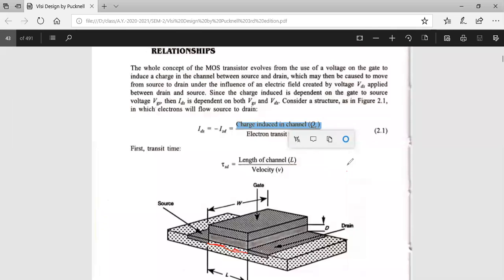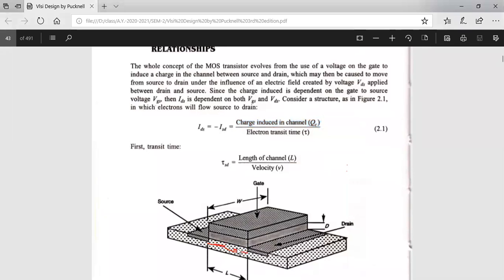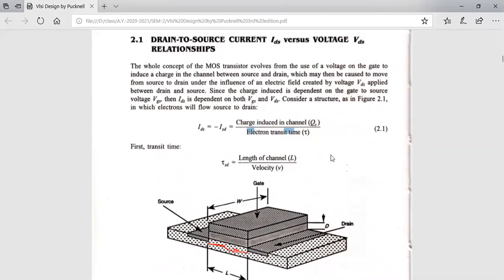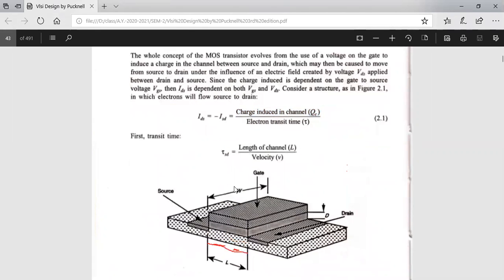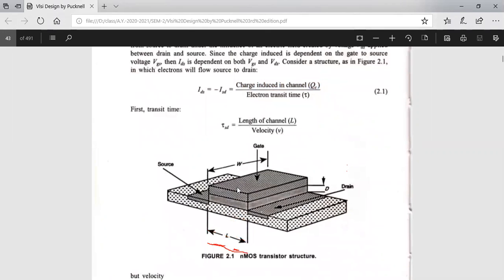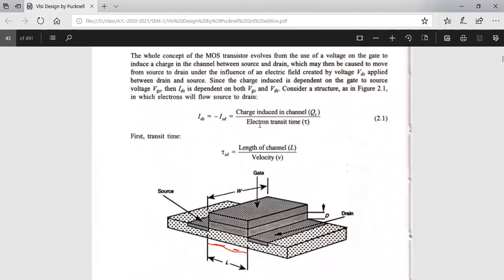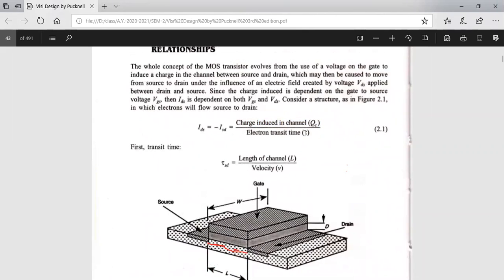That is indicated as QC. Electron transit time, tau. That means the time taken by the electron to move from the source to drain. The time taken by an electron to move from the source to drain is this electron transit time.